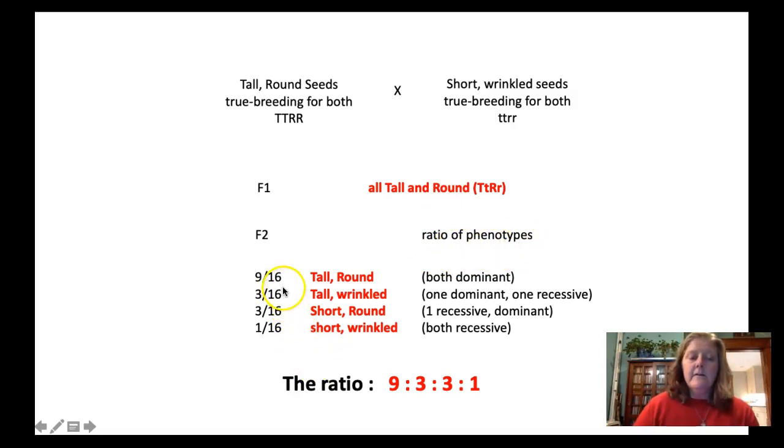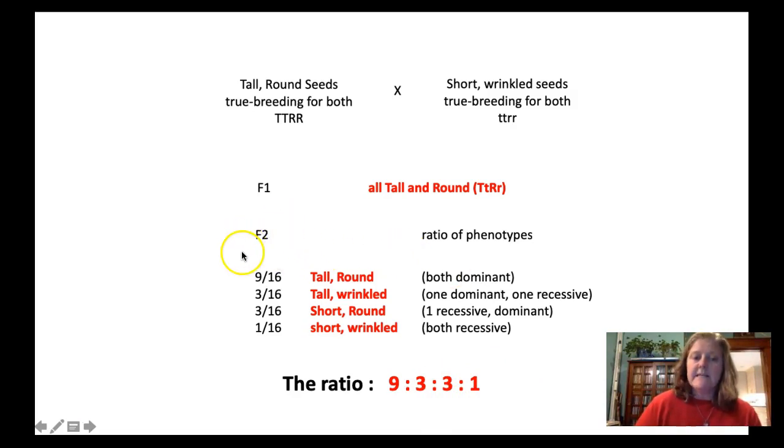He found that of the 16 different combinations that were possible, if we set up the Punnett square, 9 out of 16 were tall and round, which showed both the dominant traits. 3 out of 16 were tall and wrinkled, one dominant and one recessive trait. 3 out of 16 were short and round, showing one recessive, one dominant, and only 1 out of 16, or a little bit more than 6% of the time, you'd get ones that showed both the recessive characteristics. So we got this ratio 9:3:3:1 when he did these dihybrid crosses.